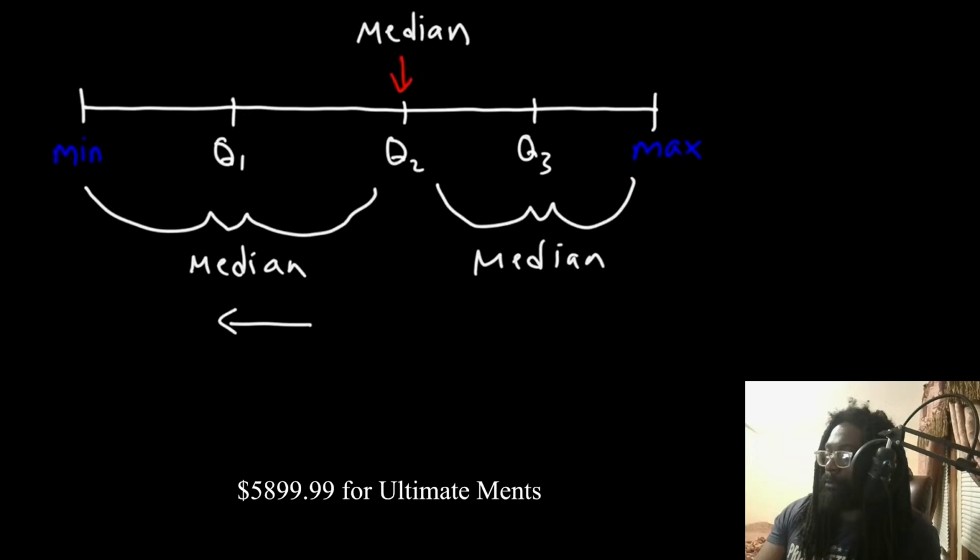Now, the interquartile range, represented by IQR, is the difference between Q3 and Q1. So once you find Q1 and Q3, you can now calculate the interquartile range. Now, the next thing that I want to mention is the ability to identify if a number in a dataset is an outlier.